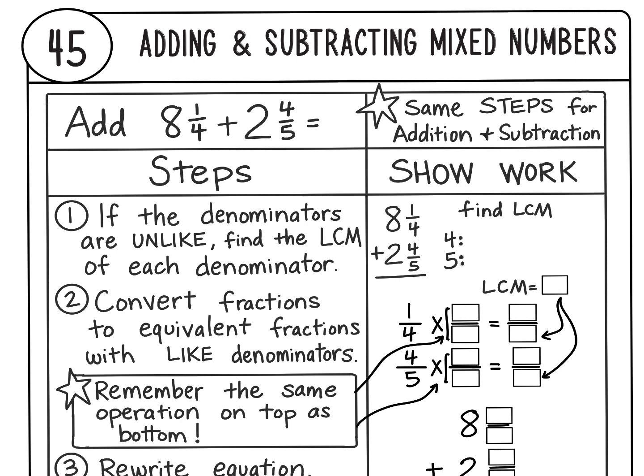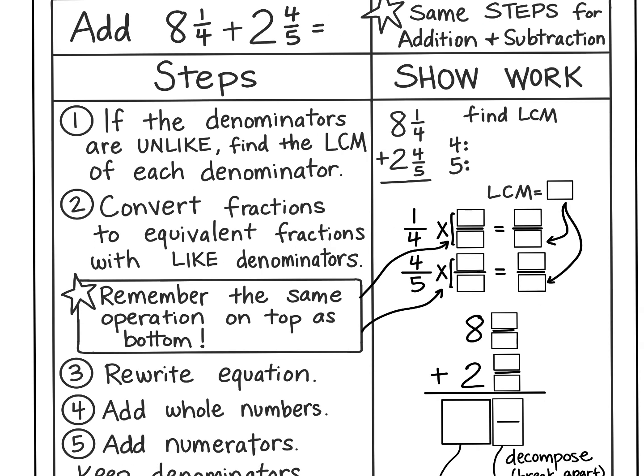Step 1, if the denominators are unlike, we need to find the LCM of each denominator. So we practice that 4-square method. You can still use that method. I have it listed a little differently just so I can get it all on one page so that we can practice. But all you're going to do is find that LCM of your denominators. So my denominators are 4 and 5.